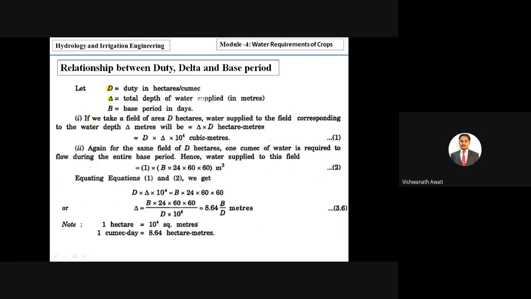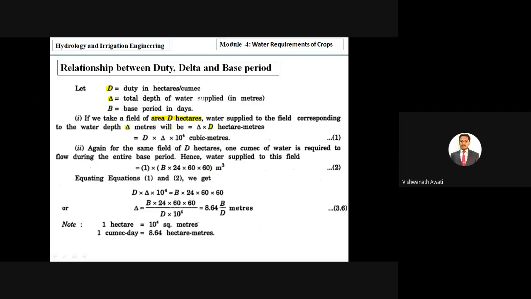One: if we take a field of area D hectares, the water supplied to the field corresponding to the water depth delta meters will be the area D hectares into delta, right?